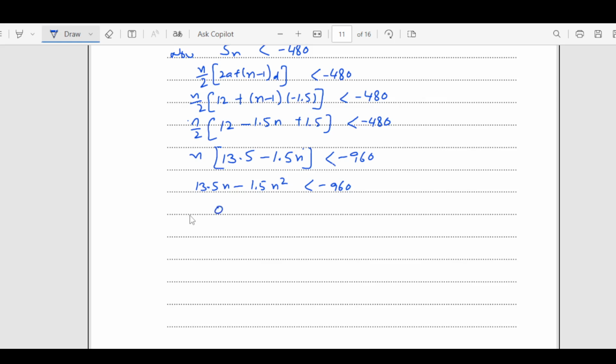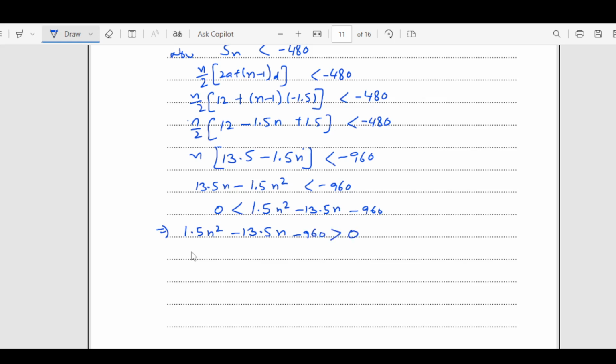If I shift everything to the other side, this will be 1.5n squared minus 13.5n minus 960 greater than 0.